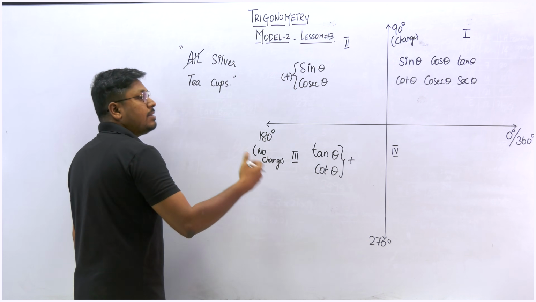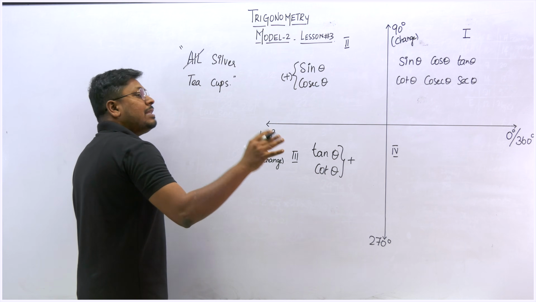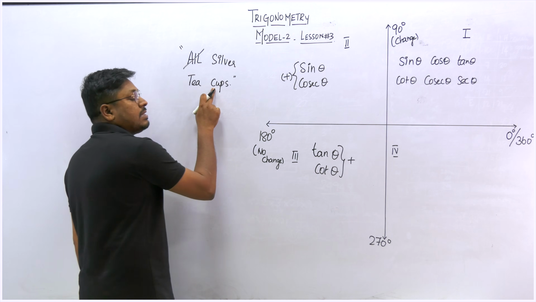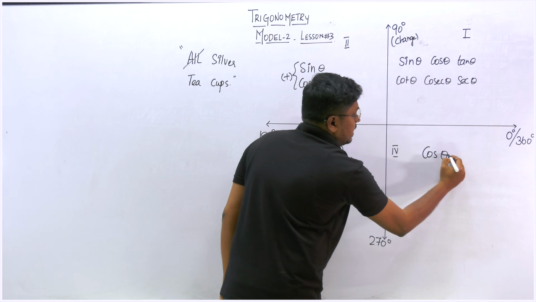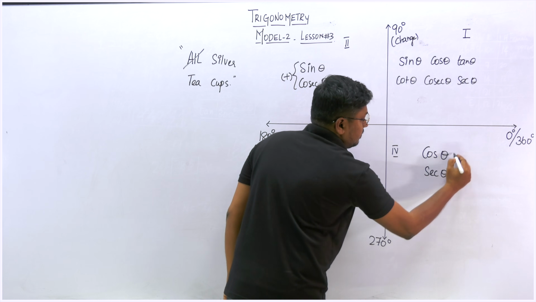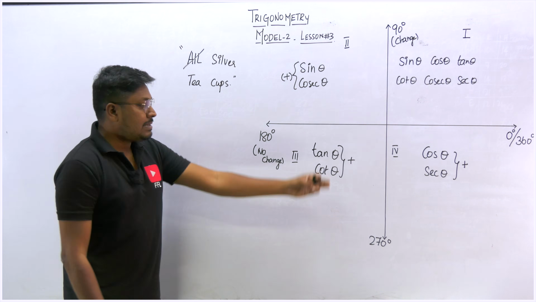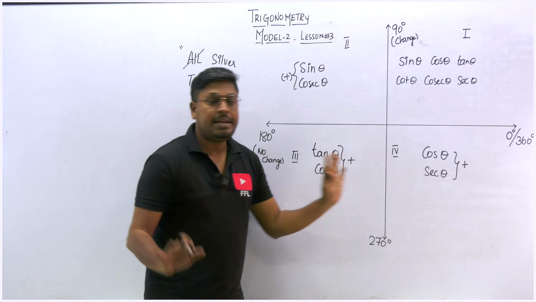All the remaining ones are negative: sine, cos, cosecant, secant. So last will be cups. C means cos theta and secant theta. These two are positive and all the remaining, sine, cosecant, tan, cot, will be negative.